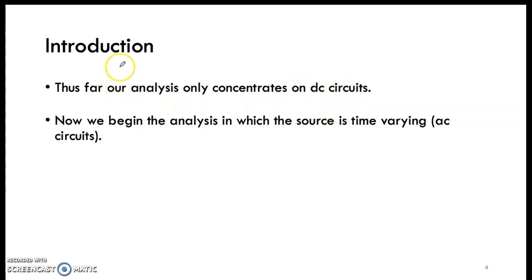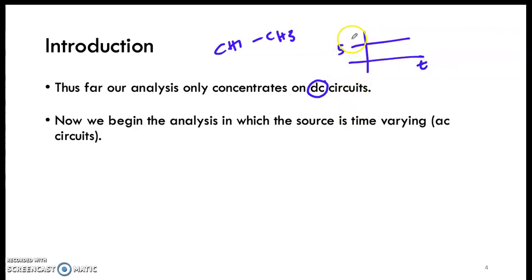In the last chapters, from chapter 1 until chapter 3, we concentrated on DC. What is actually DC? This is the graph against time. Let's say this is a 5 volt voltage supply. This voltage does not depend on time. It doesn't matter whether time equals 0 or time equals 5, the voltage will remain the same.